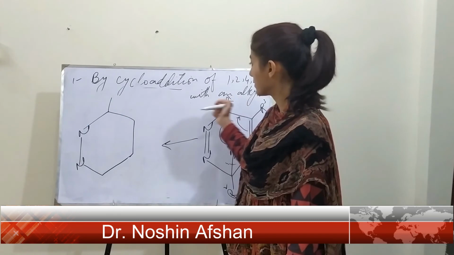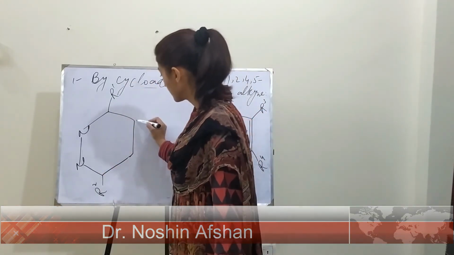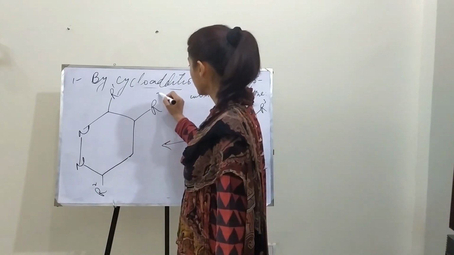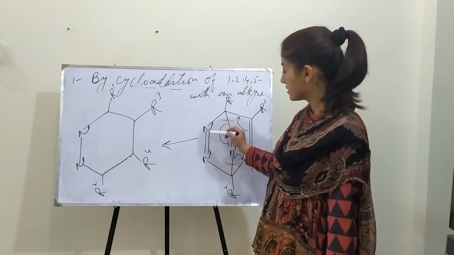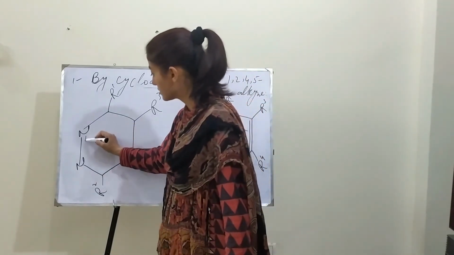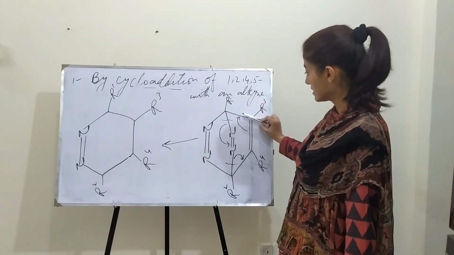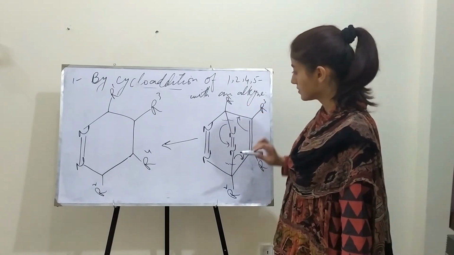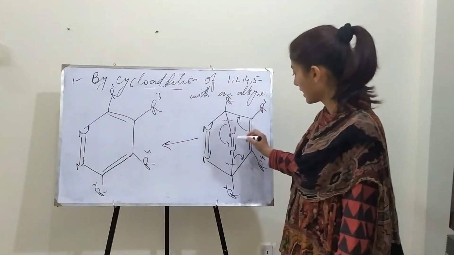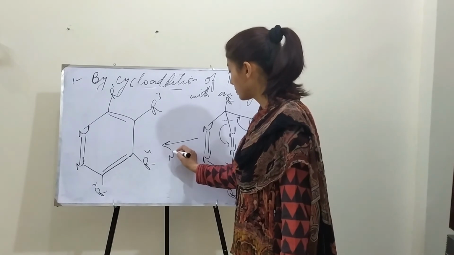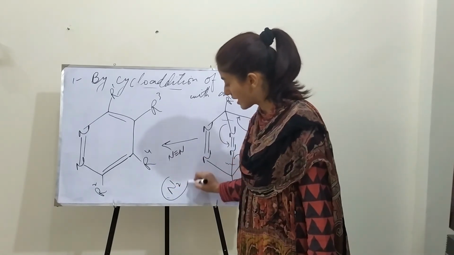Here it is R1, R2, here it is R3, R4, and here there is a double bond between two nitrogens, then along these positions there would be one double bond, and this N2 would be eliminated in the form of N triple bond N, that may also be written as N2.